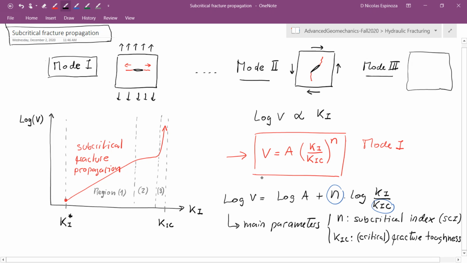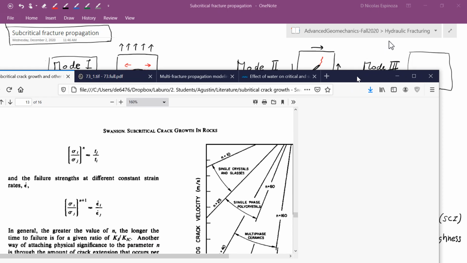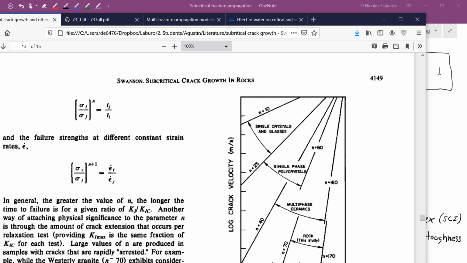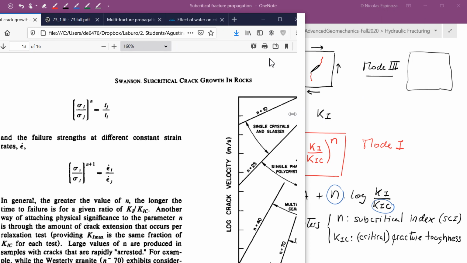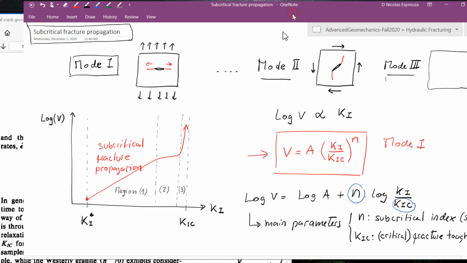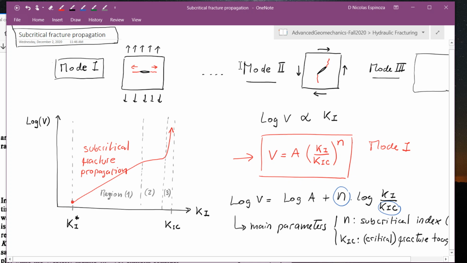All right, so now that we see this proportionality, let me share with you the figure of a paper that shows an example of these figures.